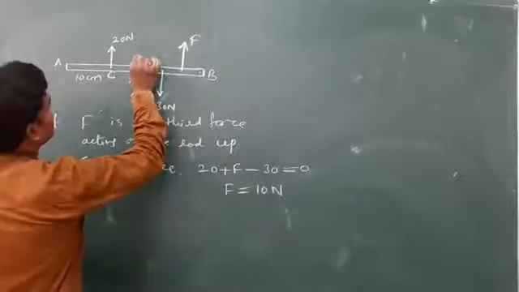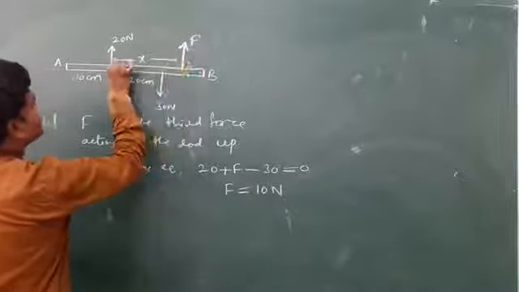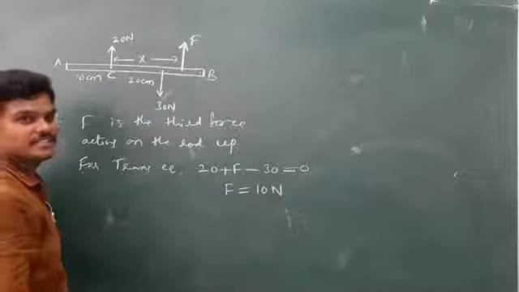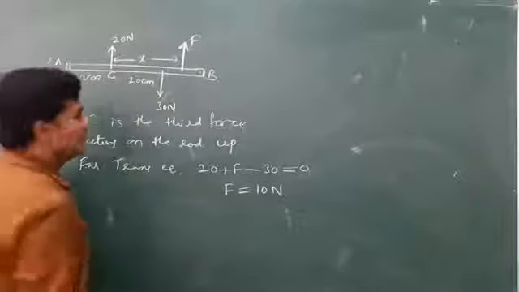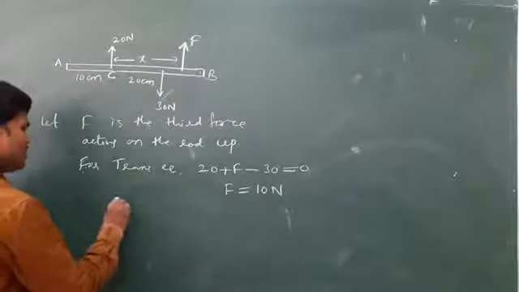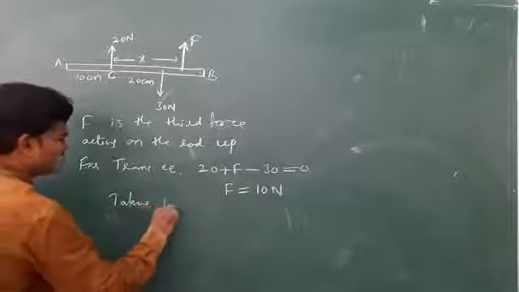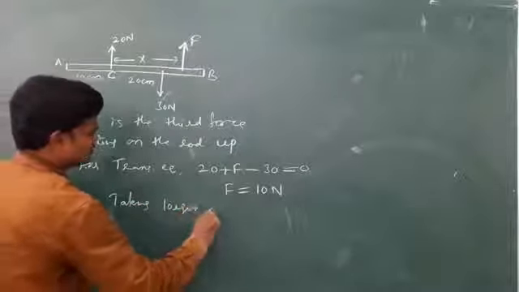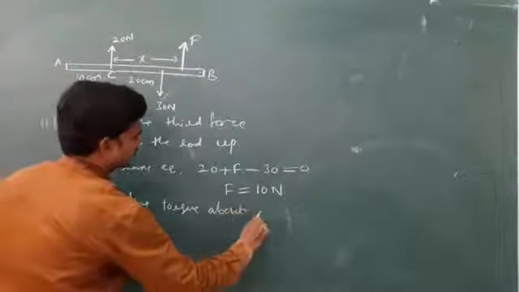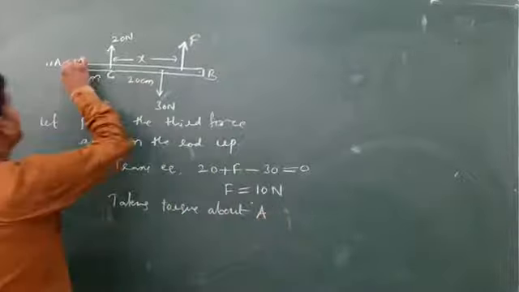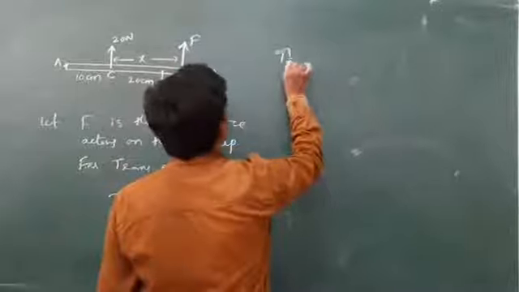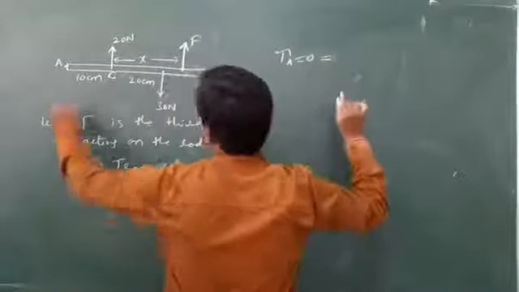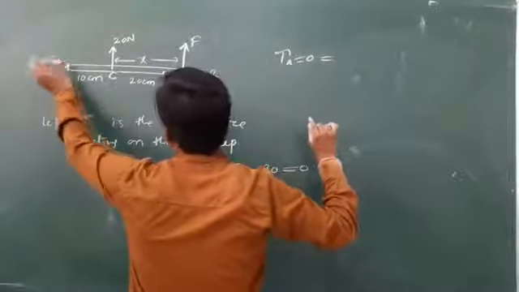Let us suppose this is x distance from point C. You can take it from B or anywhere. So taking torque about A, let me take torque about this point. For the rod to be in rotational equilibrium, net torque is 0.